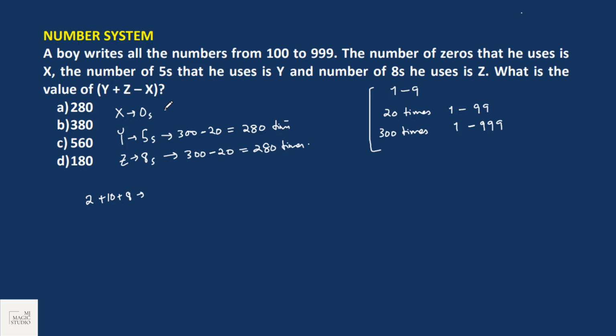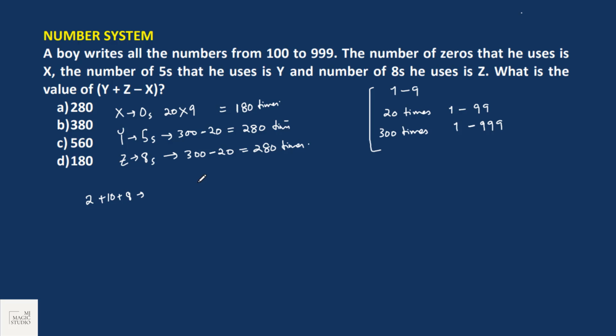That means 20 zeros we get if we write numbers from 100 to 199. Likewise, we have got 9 of such groups, 100 to 199, then 200 to 299, till 900 to 999. So the number of zeros that we'll get is 20 into 9, that is 180 times.